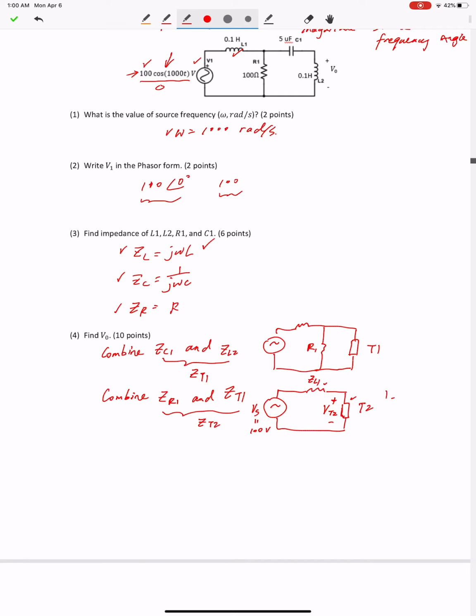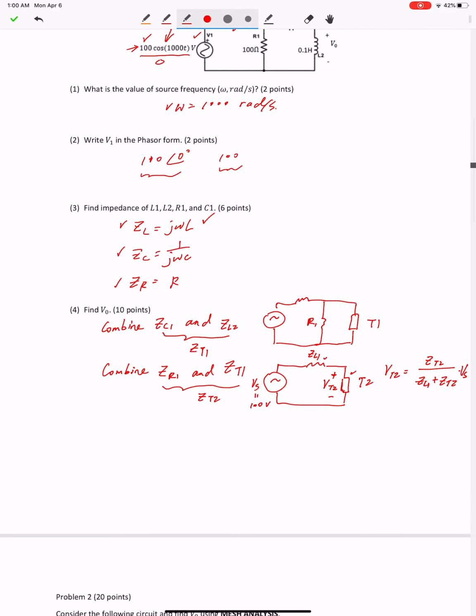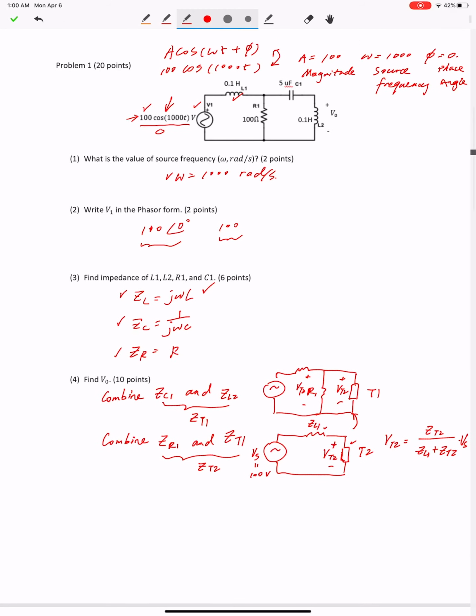So VT2 is going to be ZT2 divided by (ZL1 plus ZT2), times Vs. That's the voltage division law, right? After you find VT2, you can go back to this circuit, because the voltage across this branch is VT2, which means the voltage across ZT1 is also VT2. And then you can go back to the original circuit.